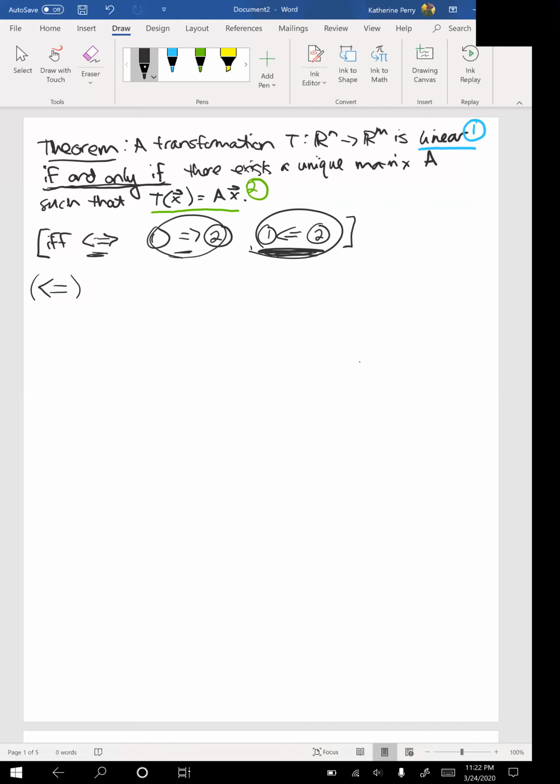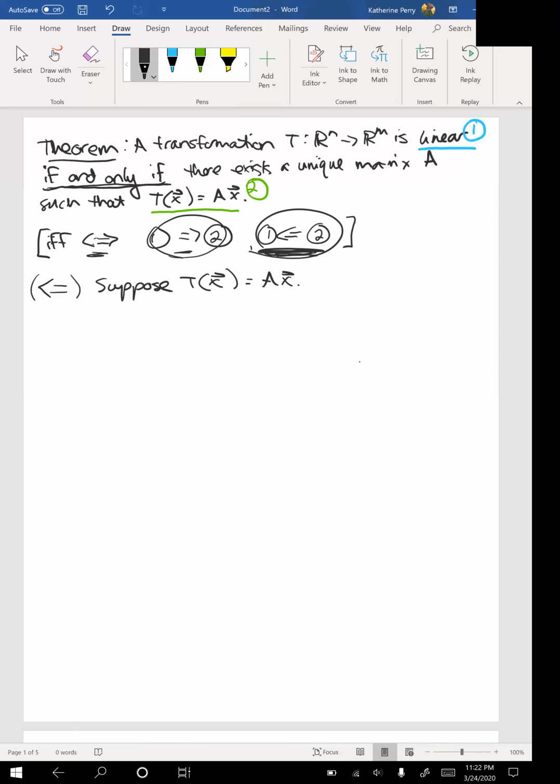And so what that means is I am supposing the second statement is true. So suppose that my transformation T of x is of the form A times x for a matrix A. What I need to do is show that this implies my transformation is linear.